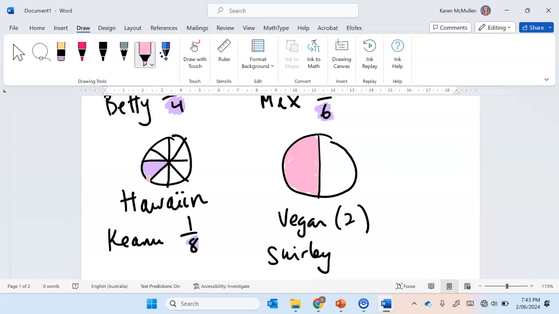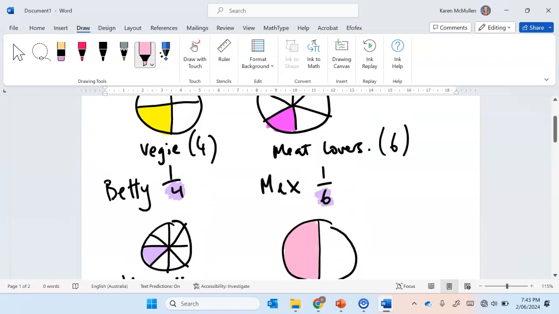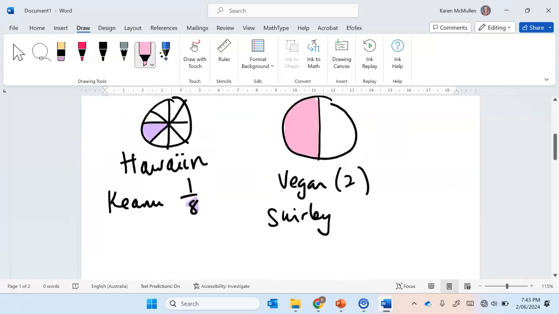So you can clearly see that Shirley is getting a lot more pizza than Keanu, Max, and Betty. Her pizza is split into half, so her denominator is smaller. So the smaller the denominator, the larger share you get of a whole.